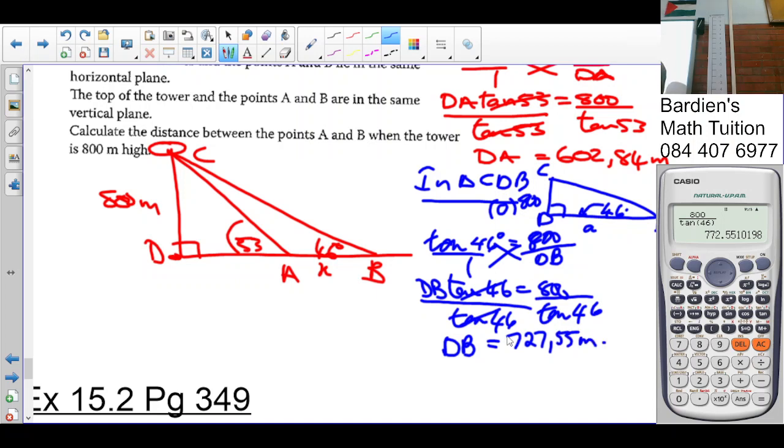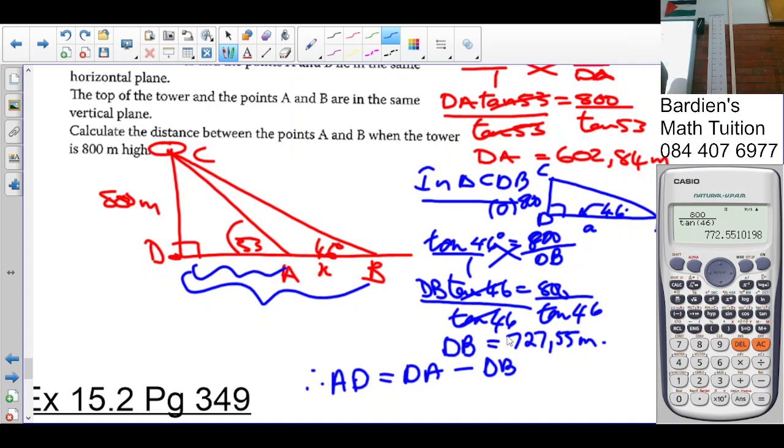Okay. So how do we get AB? Therefore, the distance of AB is equal to DA, which is our length, minus DB. No, the DB, which is this length here, minus our length, which is DA. It's the other way around, otherwise we get a negative value.